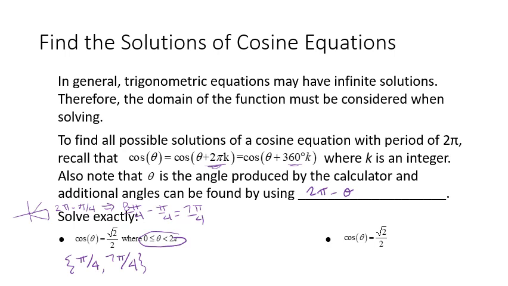Now over here, in this bullet point, you can see there's no domain restriction. So we need to list all the values that are going to give us that, which is an infinite amount. You take your angle, put the two values that you found, and then add 2 pi k.